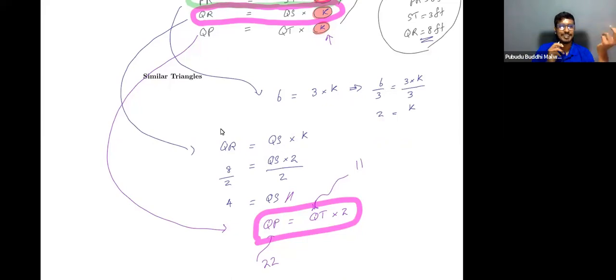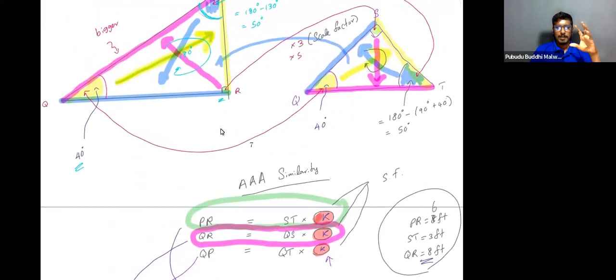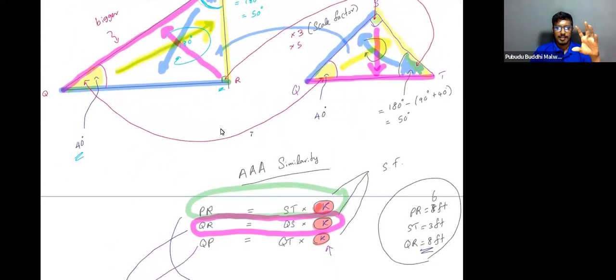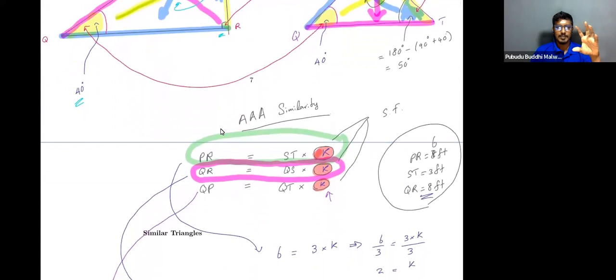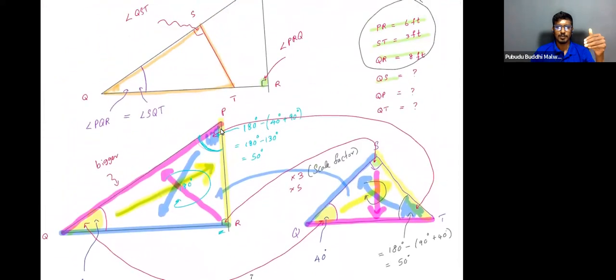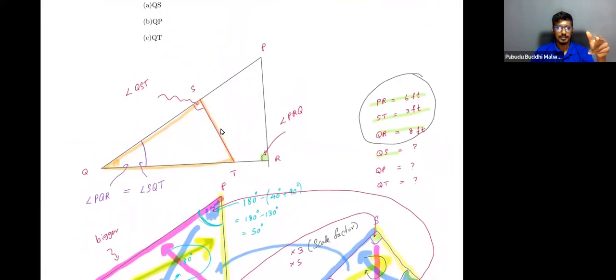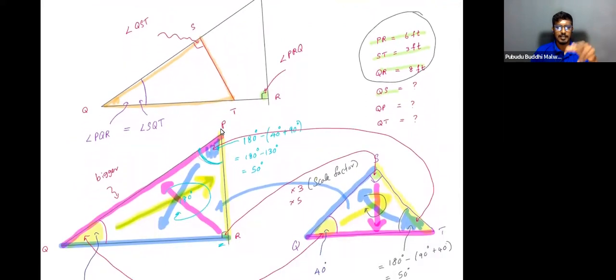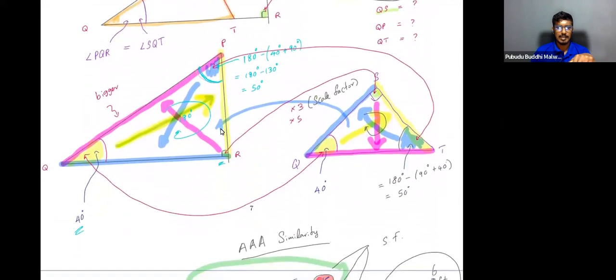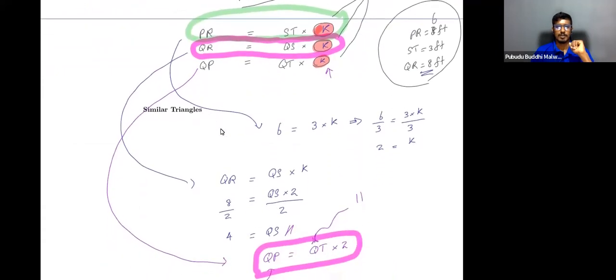So we need another equation. I'm going to explain that. But writing these relationships using the scale factor is quite important when you are solving these questions. That's the most important part. The conclusion is: identify triangles, similar triangles, identify angles, then write these relationships properly, then you will be able to compute, right?